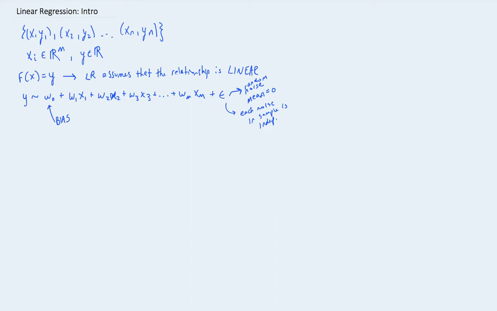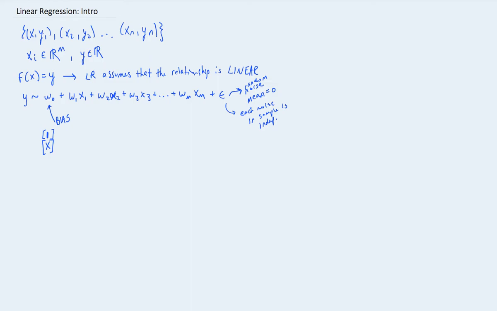And we're going to remove this from our consideration of linear regression by just assuming that whenever you have an x vector, before you put it into your linear regression algorithm, you're just going to prepend a 1 to the top of it.